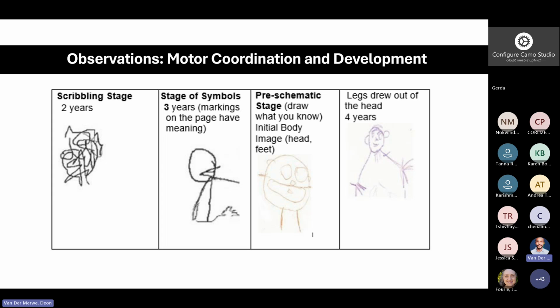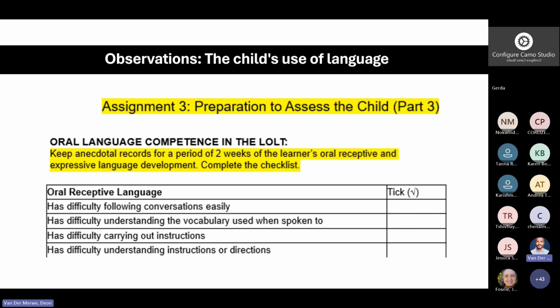Or does the learner expend an inordinate amount of effort in just trying to make the handwriting presentable? And so those are all of the questions that you need to ask yourself when you are observing your case child.